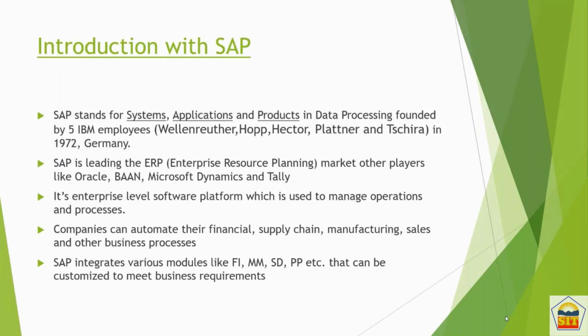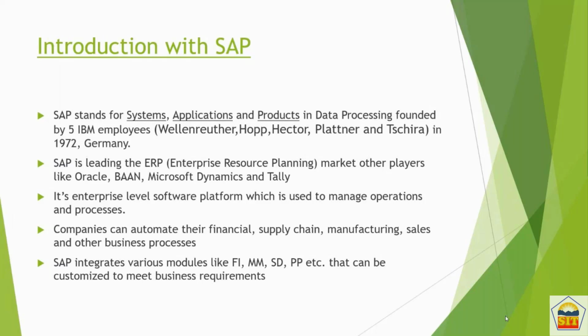In these departments, we follow processes, and a process is a kind of steps to complete any activity. With SAP, companies can automate their financials, supply chain, manufacturing, sales. These are the different areas where they can automate their processes in order to reduce the cost and increase the margin or productivity.